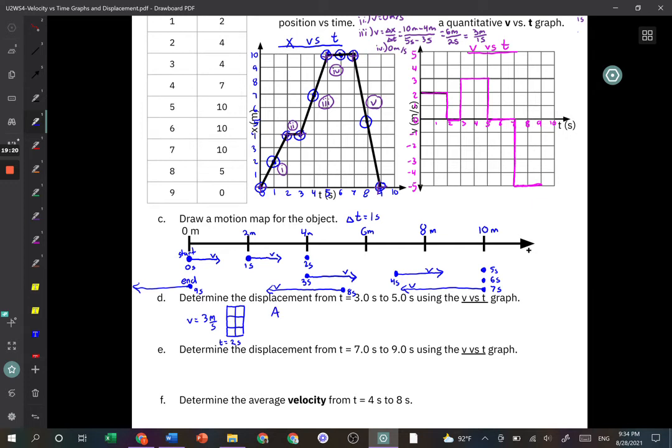Our area here is going to be equal to our sides multiplied by each other: 3 meters per second times 2 seconds. So our area is going to be 6, and because the seconds cancel out, our area is just 6 meters. Now the area is also known as our displacement. So we can write down that the displacement for this region of the graph is equal to 6 meters.